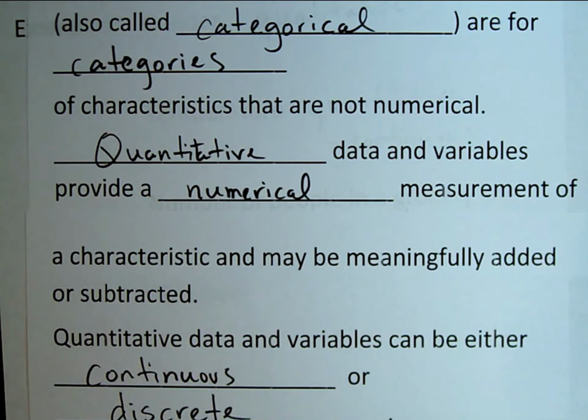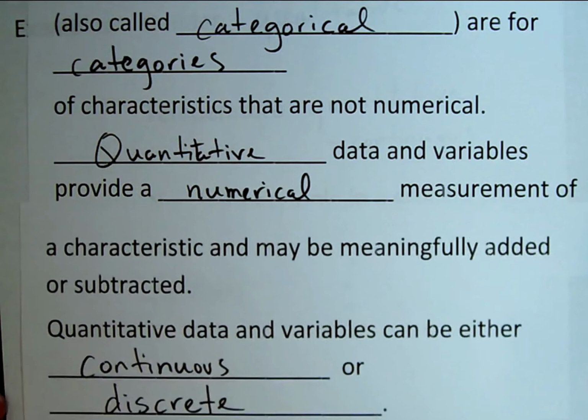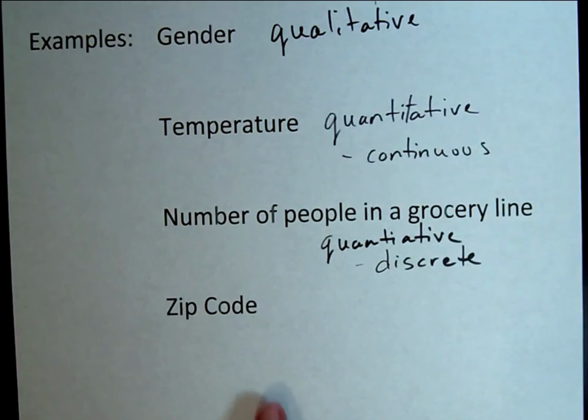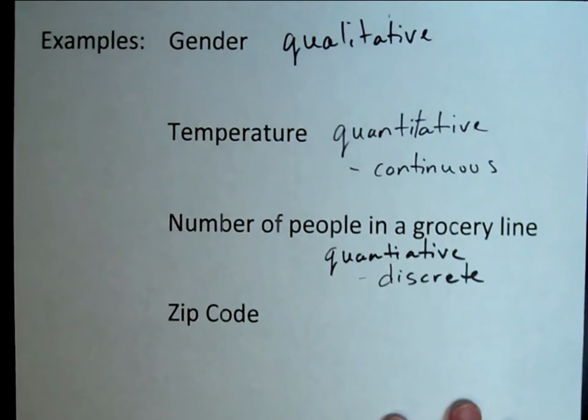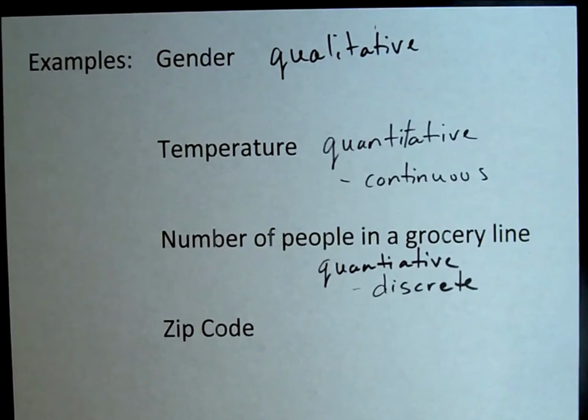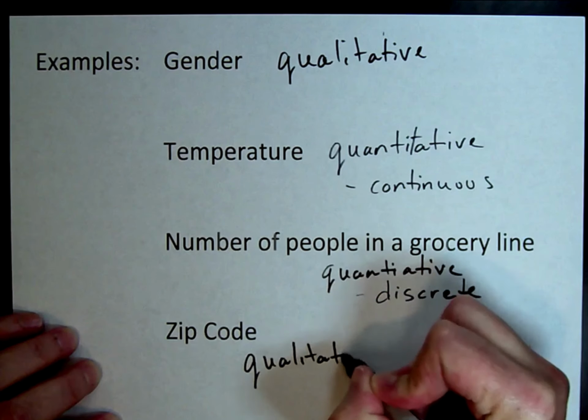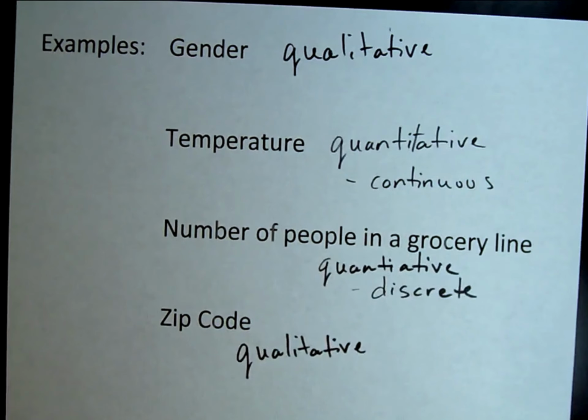So if looking at houses, if I was measuring, say, the height of the house or the square footage, that would be a quantitative variable, and you could, for example, take the average of house sizes on a block or something. But zip code doesn't really make sense to add two zip codes or take the average of two zip codes, does it? So zip code, even though it's a number, is actually a qualitative variable. I know that's a little confusing.